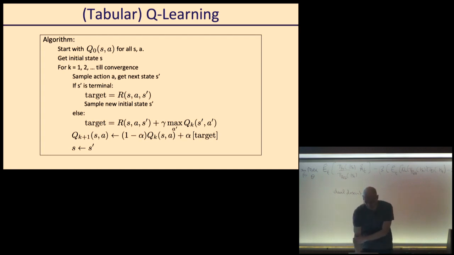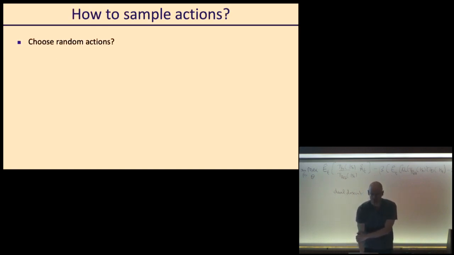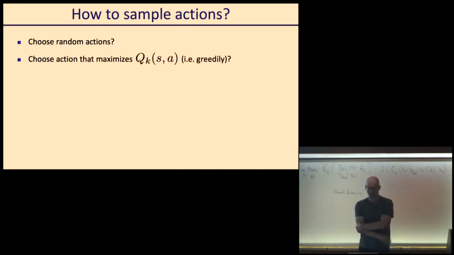Okay, how do we sample our actions? Well, maybe choose random actions. That could work, maybe. You could also choose an action that maximizes the current Q value at the current state. It's called the greedy approach. Why is it called greedy? Because you're trying to take the action that maximizes the reward you're getting now, based on what you learned so far.